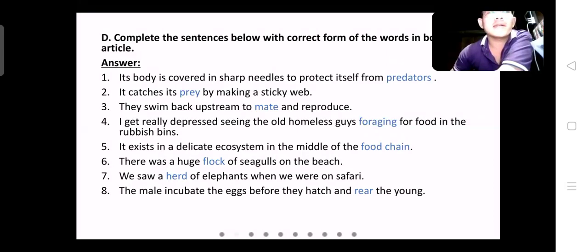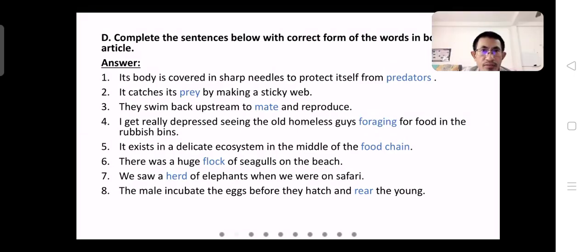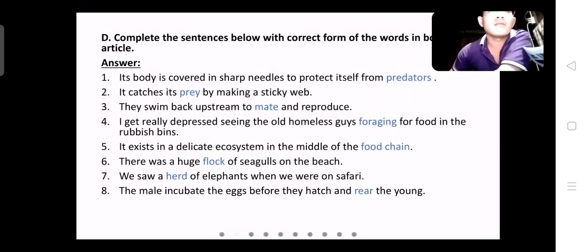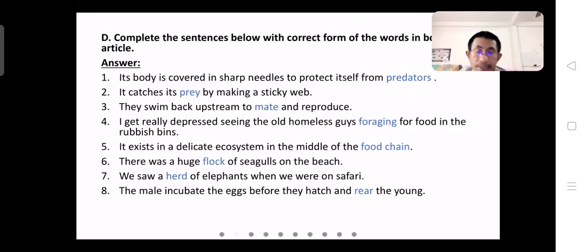I will translate some of these words for you, and you can do this exercise for yourself. Predator means the animal that is carnivorous. Then I think you can give the floor to your next presenter, please. Yes, we still have 5 minutes.